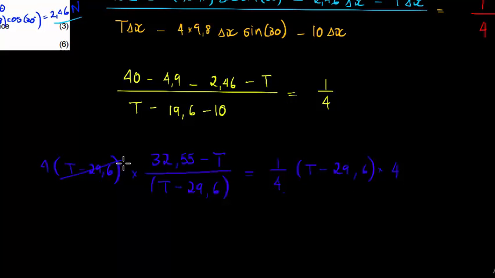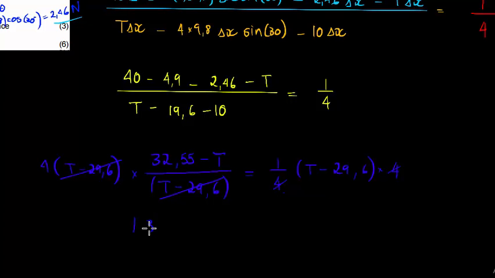And then I see on this side these two factors cancel. Here the 4 and the 4 cancel, so I've got 4 times 32.55. What is that? That is 130, and then 5 times 4 is 20.